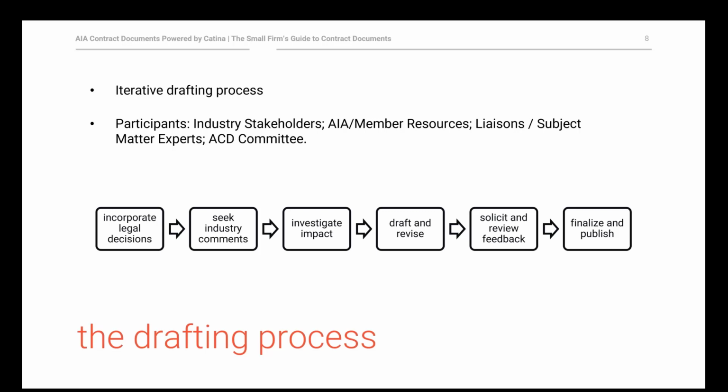By that I mean folks not affiliated with the AIA, but that have our industry stakeholders and/or that have subject matter expertise in areas that we're trying to tackle. And of course, there is the AIA Contract Documents Committee. And we bring all of those forces together. The attorneys on my team do legal research, stay up on legal decisions as we can that impact the industry.